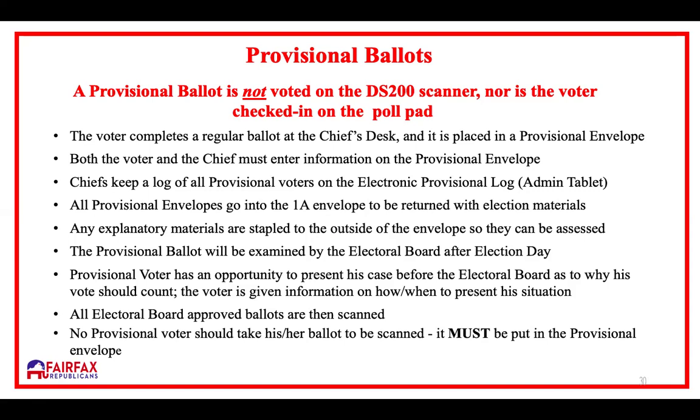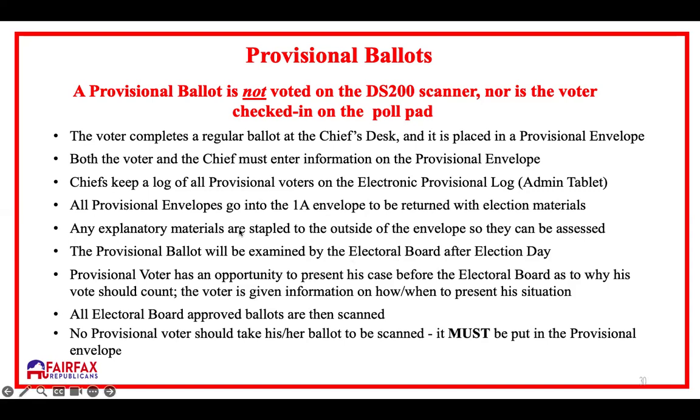That court order will allow those voters to vote after 7. But if you remember from prior lessons, voters who vote after 7 o'clock vote a provisional ballot. Something could change the judge's ruling the next day, and they have to have a way of figuring out who those voters were that voted past 7.